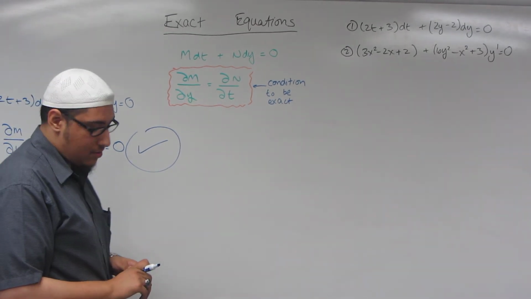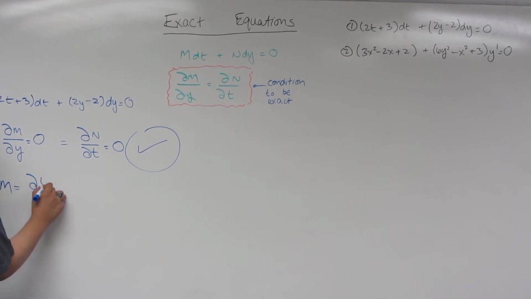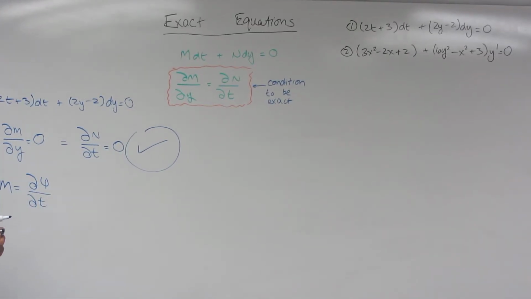What you have to do next is introduce a new variable. M is equal to the partial of psi with respect to t. Psi is just another variable, and I'll show you exactly what we use it for.